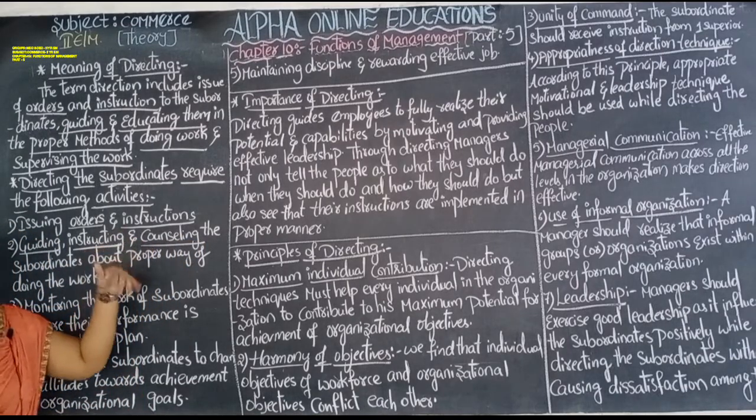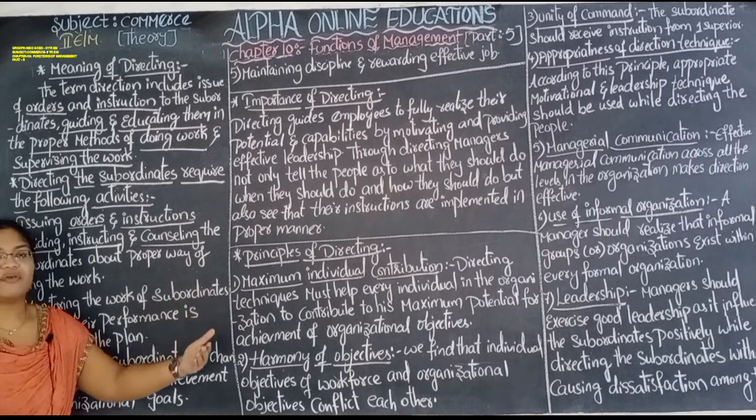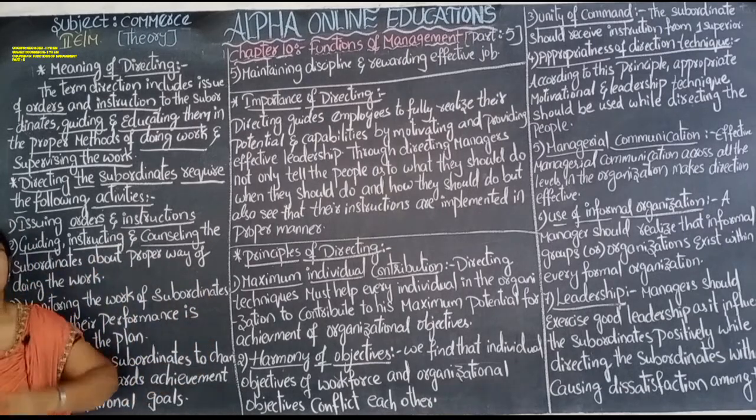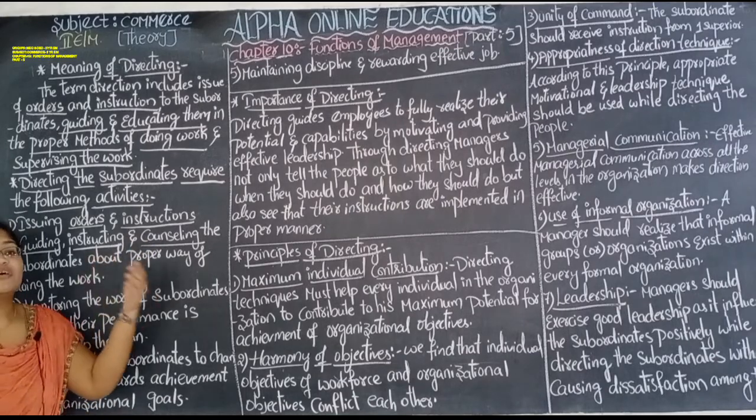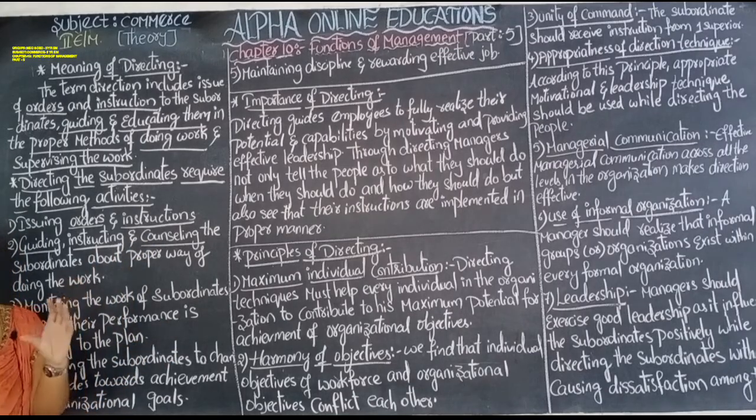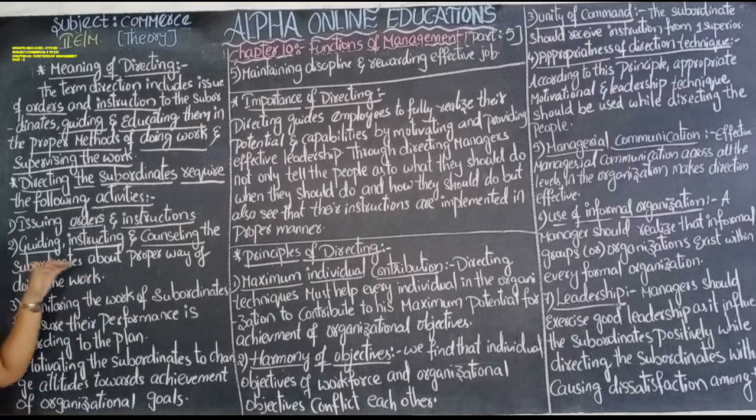Counseling means explaining: this is not the way of behaving with the other subordinates, this is not the way of doing the work. This small type of counseling about the proper way of doing the work, how they have to do the work properly. For that they give counseling, instructions and guidelines to the subordinates.